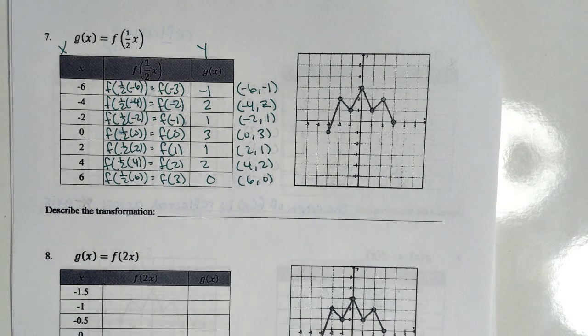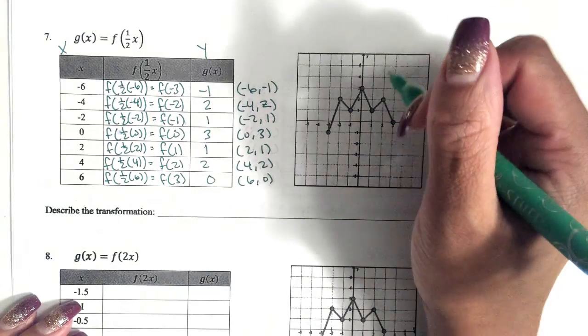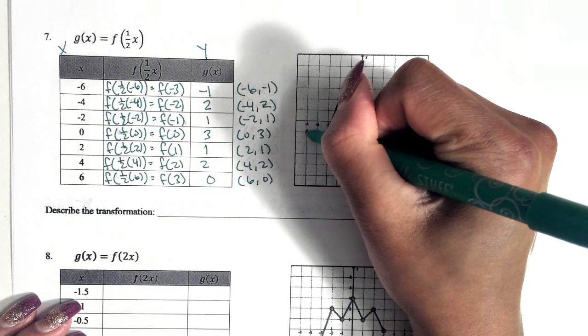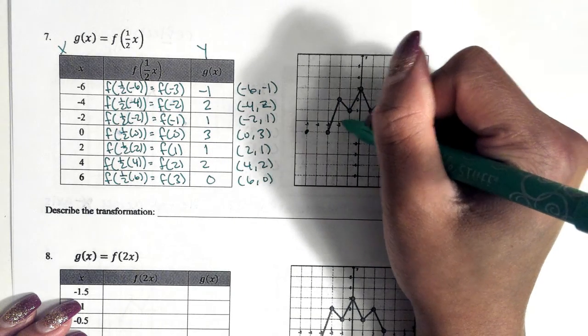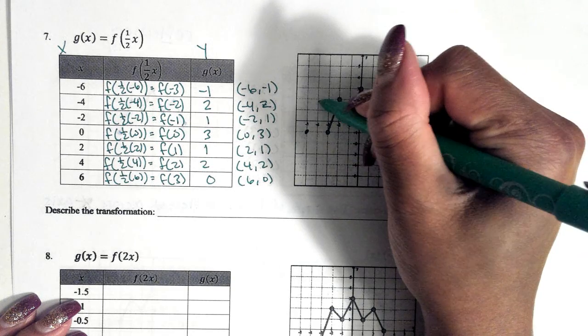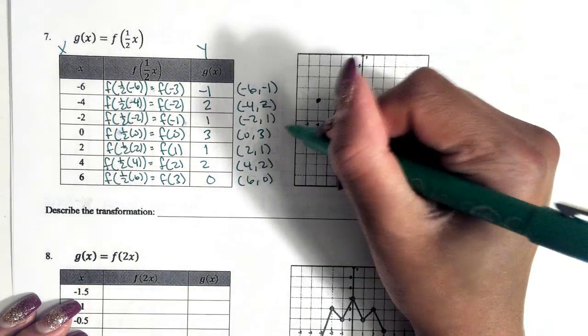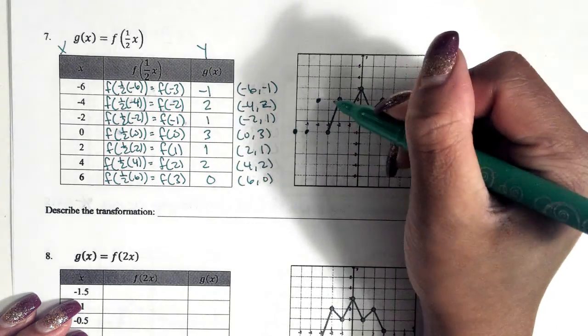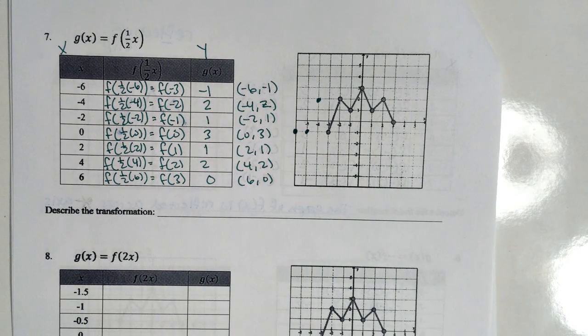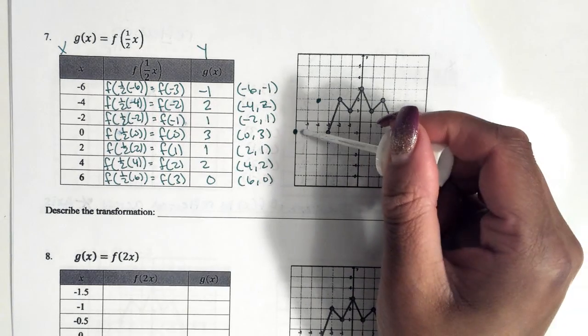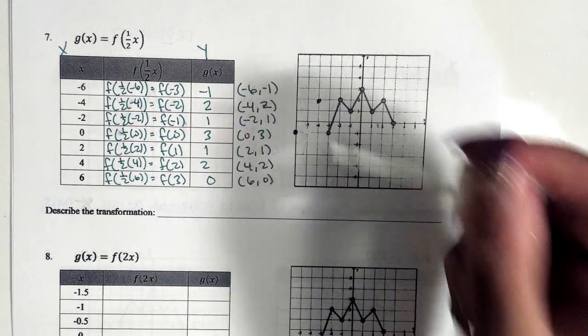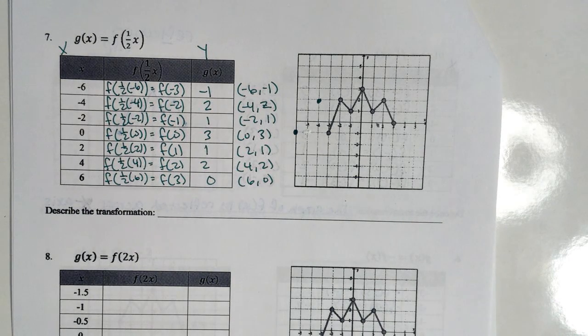So now I'm going to plot my new points on my graph. So I have negative 6, negative 1, negative 4, up 2, over here, negative 6, negative 1 is there. So pardon that part. Alright, continue on.